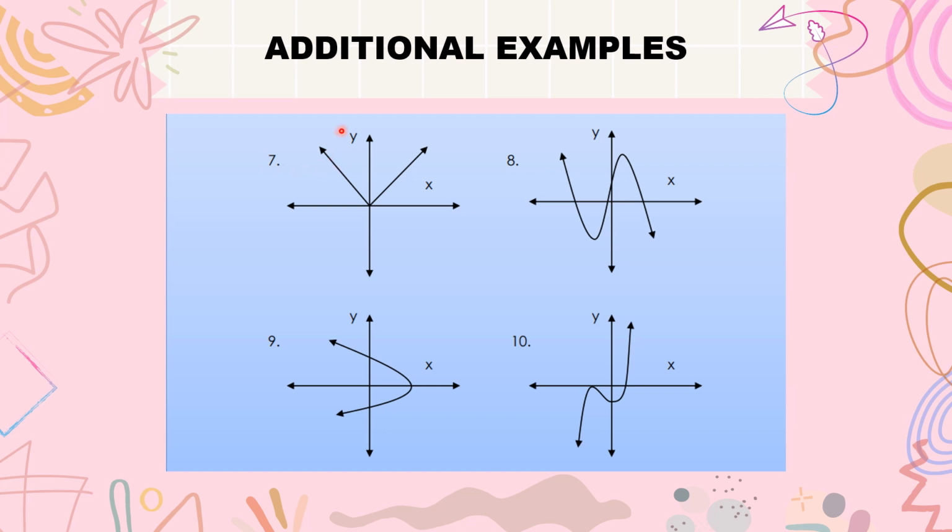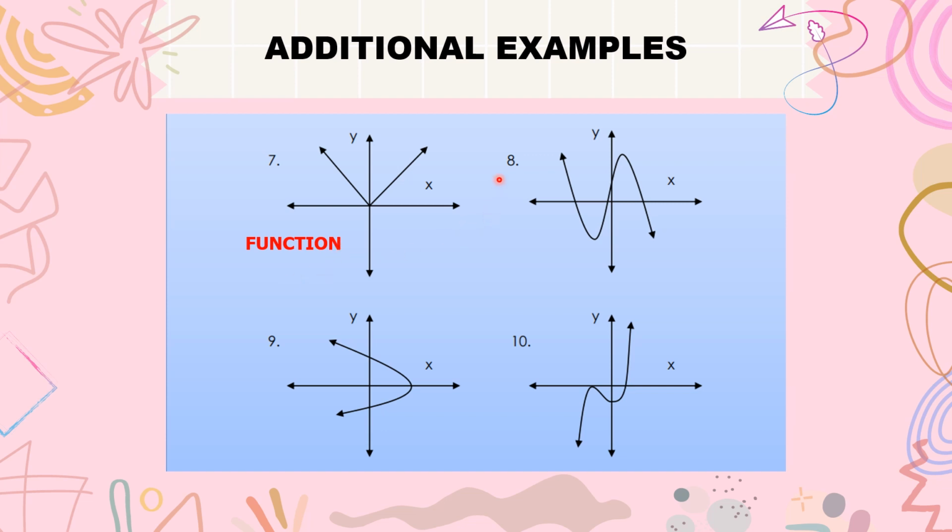So kapag nagdrawing tayo ng vertical line dito sa graph ng number 7, isa lang ang masasagi na point. Let's say dito. Kapag dito naman tayo nagdrawing ng vertical line, isa lang din ang masasagi niyang point. Let's say dito lang yung masasagi niya. So number 7, since tig-isang point lang ang masasagi niya kapag nagdrawing tayo ng vertical line, it is a function.